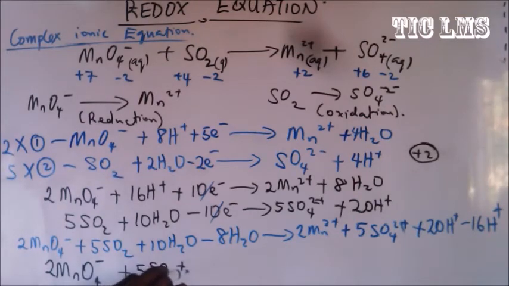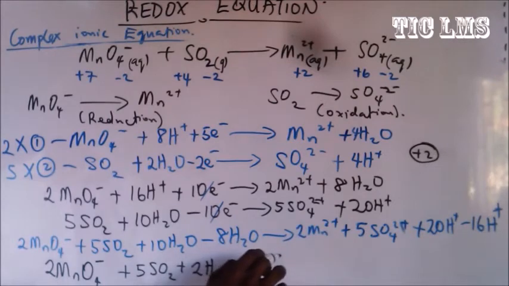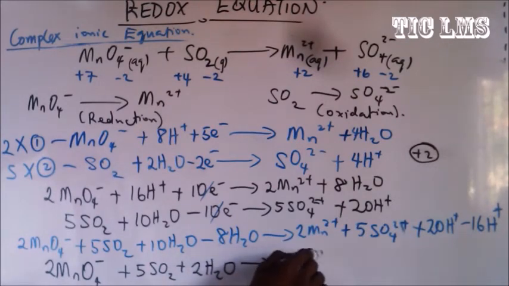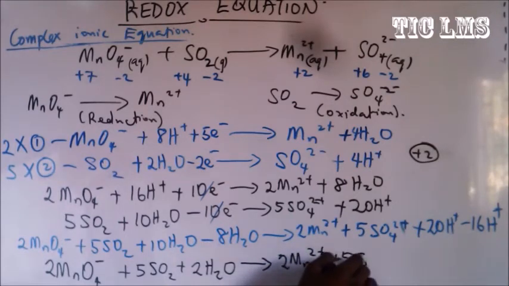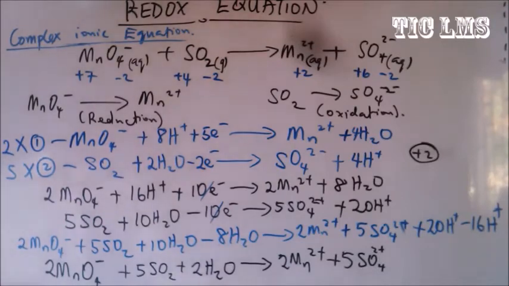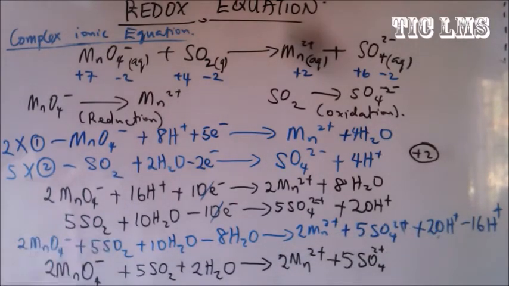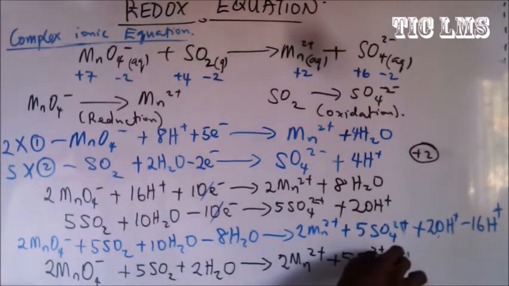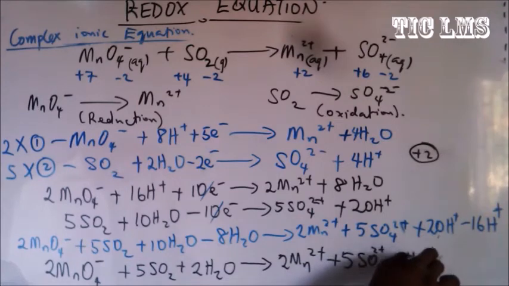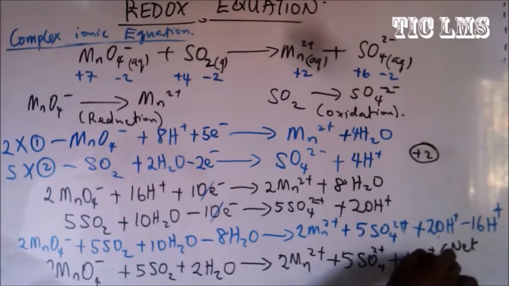So we have plus 2H2O, and then over here we have 2Mn2 plus, 5SO4 2 minus, and then we have 20H plus minus 16H plus. They are like terms. So 20 minus 16, that leaves us with plus 4H plus. Hence the net equation.